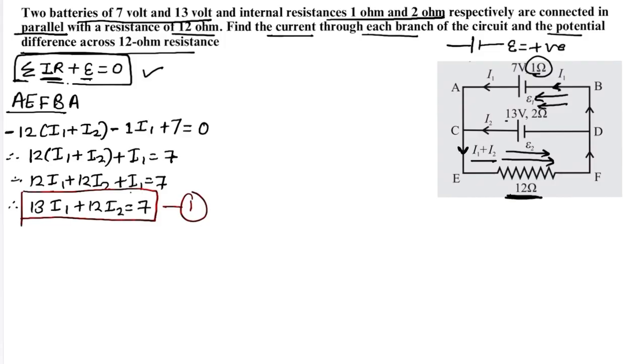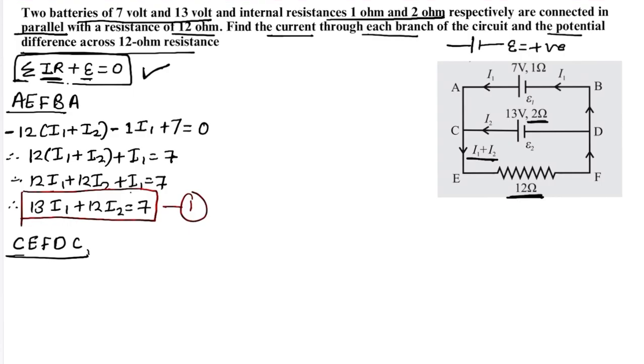Now the second loop that we are going to consider here is this loop C, E, F, D, C. Again we have to use this formula for the loop. We will remove the previous signs. In this loop the 12 ohm resistor is used, through which current I1 plus I2 is flowing.